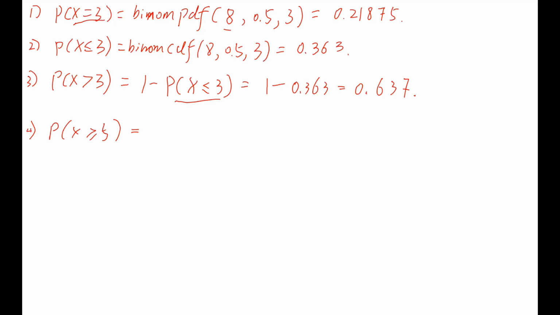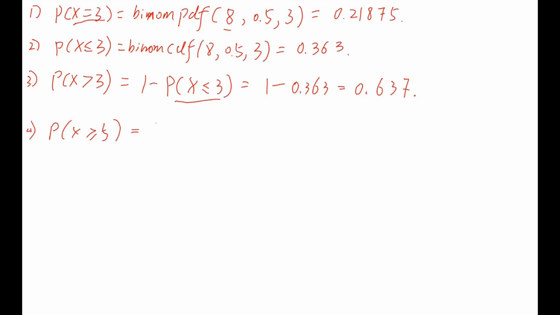Because this is x is greater or equal than 5, the complement of that is going to be less or equal than 4, because here the possible values of x are 0, 1, 2, 3, well, to 8, right? So integers, the number of successes. So therefore, the complement of x greater or equal than 5 is x less or equal than 4.